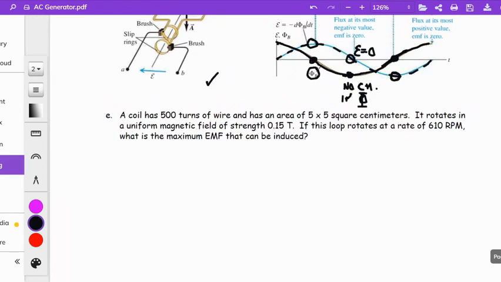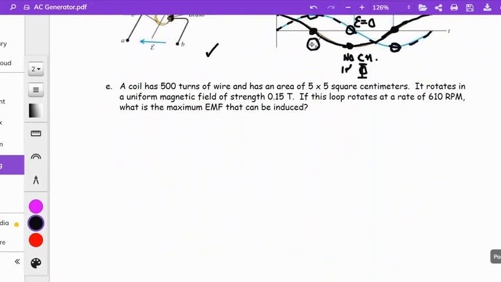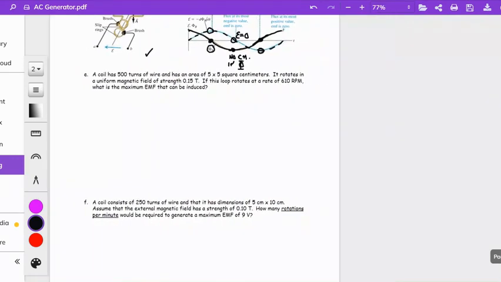What else do we have here? I'll let you work out a problem or two, just to see if you can do these. E and F are both things that you can check out. One thing I will point out, and oftentimes in problems, is you have more than one turn of wire. Like if you have 500 turns, what happens with that? Well, essentially what that does is it just adds that N term to your Emax, your maximum EMF.